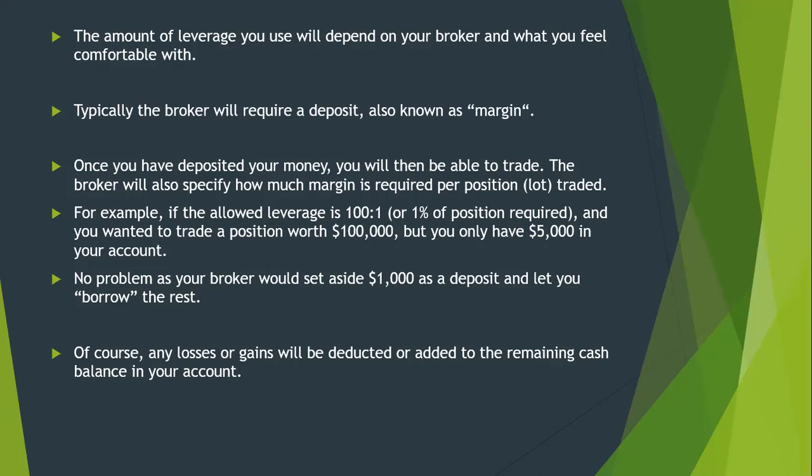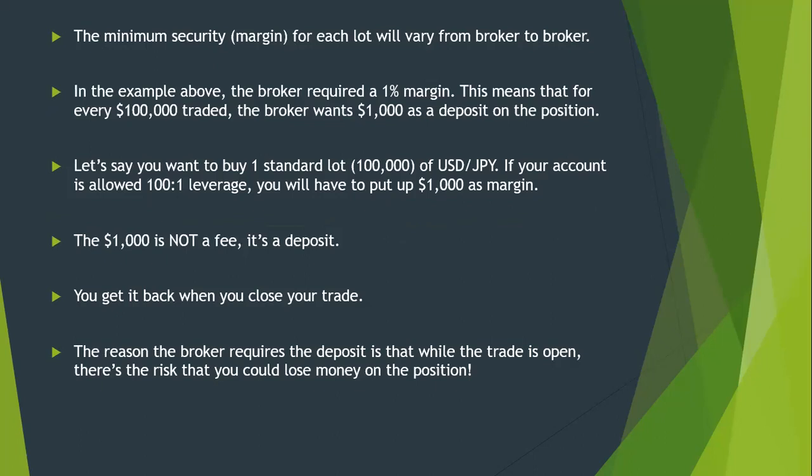Of course, any losses or gains will be deducted or added to the remaining cash balance in your account. And the minimum security margin for each lot will vary from broker to broker. Every broker has its own margin for you to place a trade concerning any different pair, indices, or commodity. So in the example above, the broker requires a 1% margin.